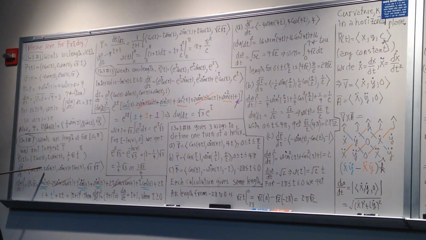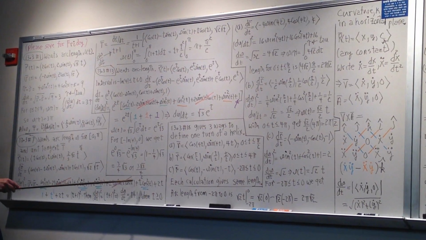Cosine squared minus 2t sine cosine, and then t squared sine squared, and then I'm dotting this one out, so that's those 3, and then finally this one would be 2t.